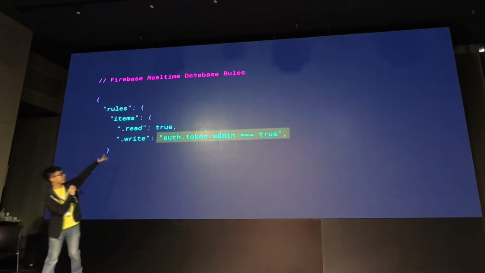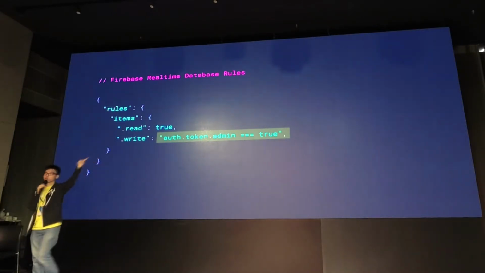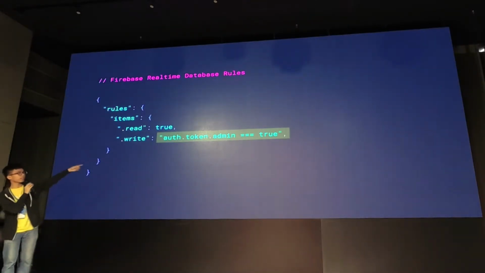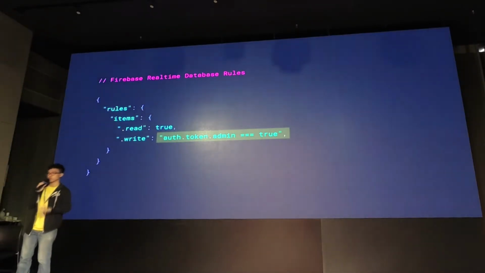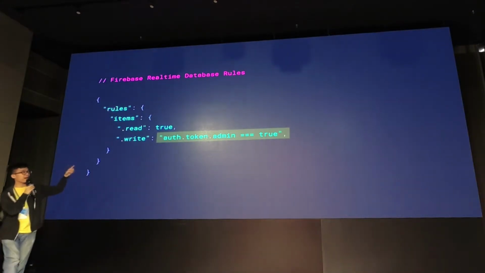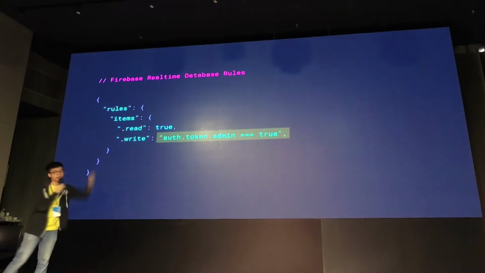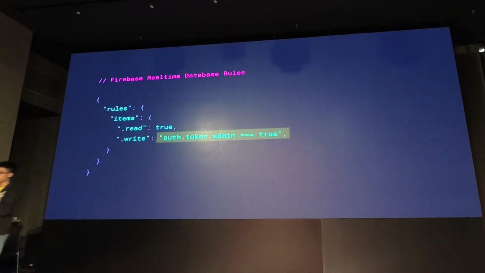We have read set to true, which means everyone can read. But for write, we have set auth.token.admin to true. So everyone must have the admin token set to true, then they can have access. If not, they can't access it.